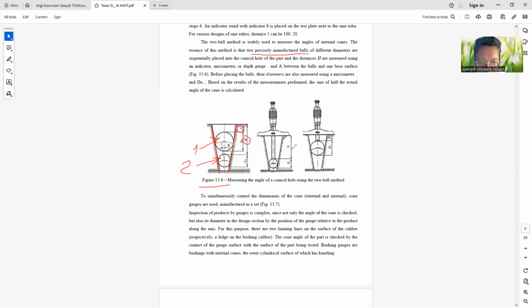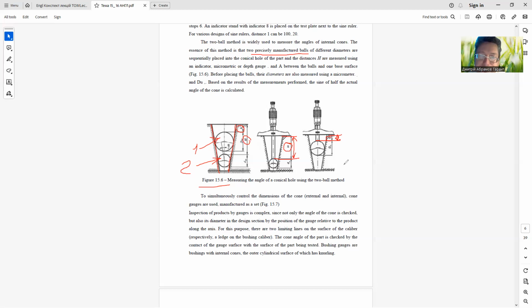Big H is the distance between the small ball and the outer surface of the part. And small h is the distance between the big ball and the outer surface of the part.